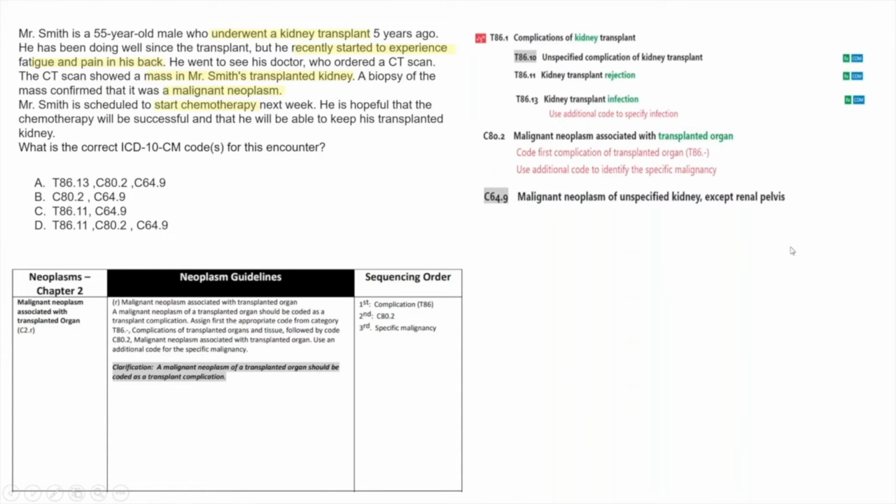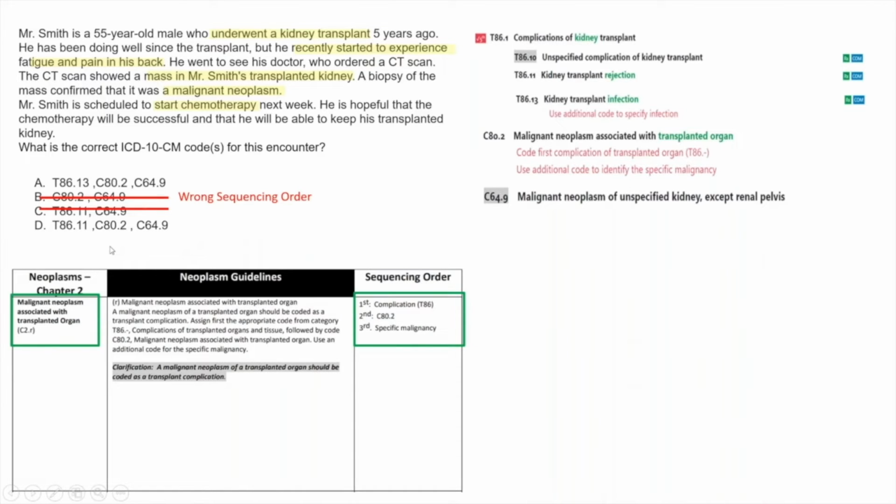The patient in our scenario also has a malignant neoplasm in the transplanted organ, the kidney. Keeping this sequencing order and guideline in mind, I could have eliminated option B because it's not following the sequencing order. The first code should have been T86. Option B is coding for C80.2 first. I could have easily eliminated this.